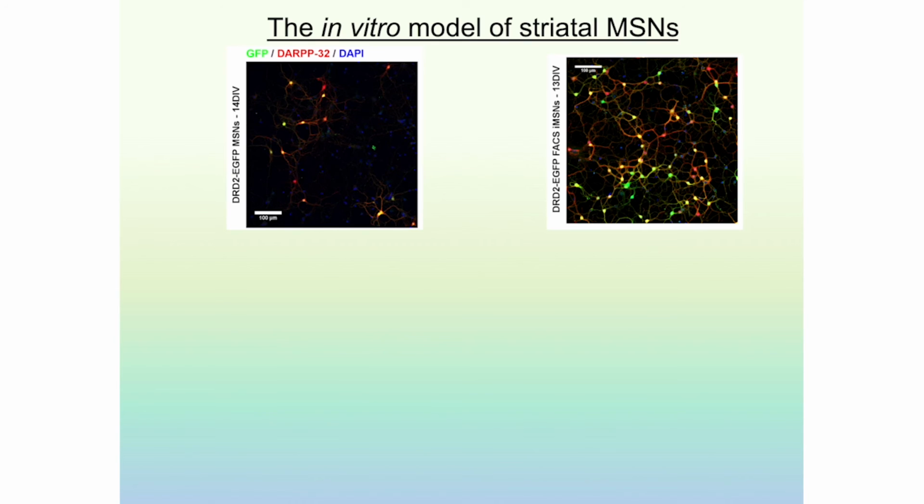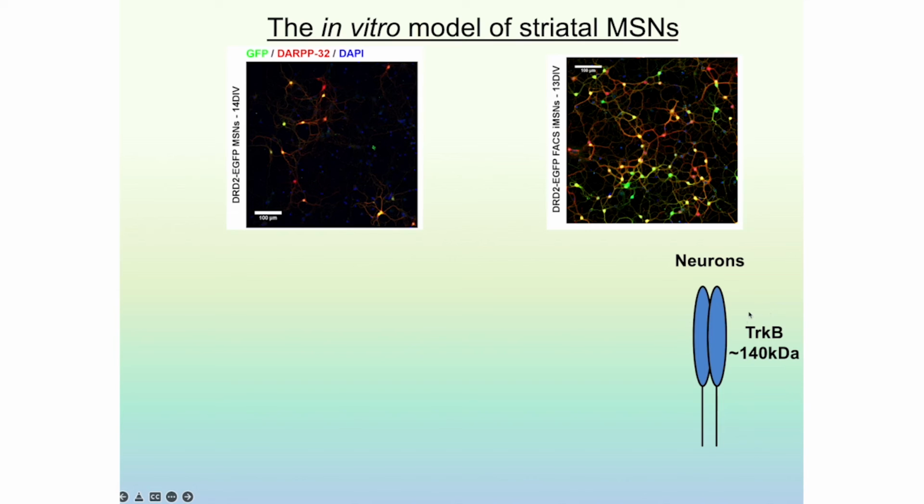Alright, so now what's the advantage of this sorting mechanism or these sorted cultures? Coming back to what I initially presented, we're interested in the interaction between BDNF and TrkB. TrkB is expressed in those striatal medium spiny neurons, and there are two subtypes of TrkB.